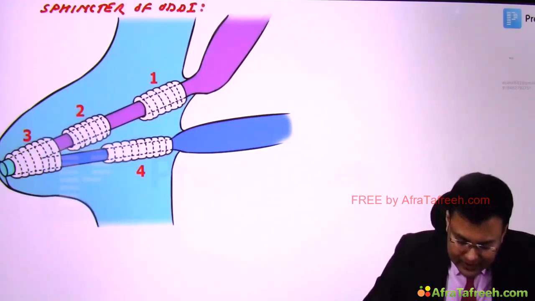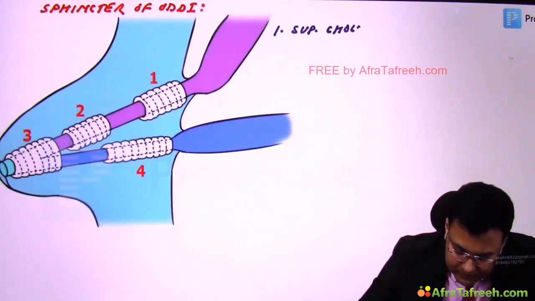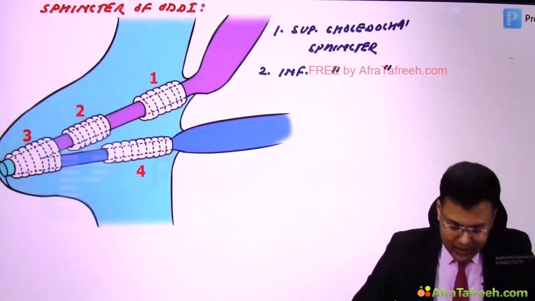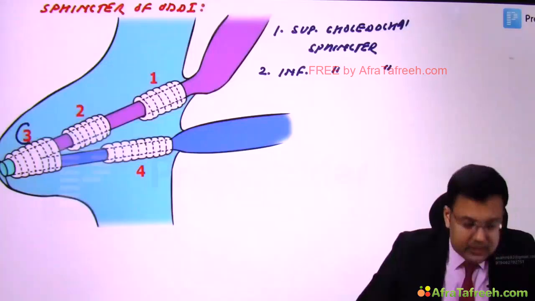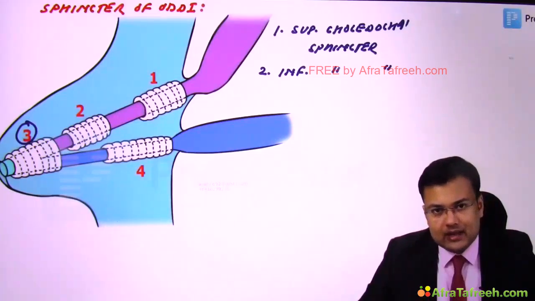What are the 4 sphincters? You can see here, first is superior choledochal sphincter. Second is inferior choledochal sphincter. Third is around ampulla, so this is sphincter ampullae. And the fourth is around pancreatic duct, so this is sphincter pancreaticus, right?